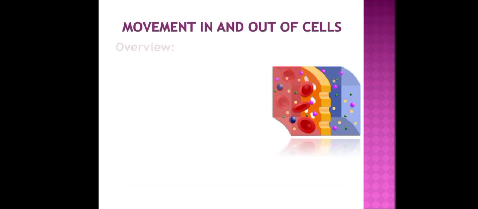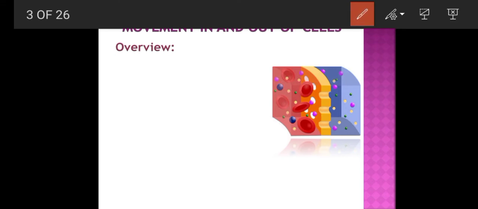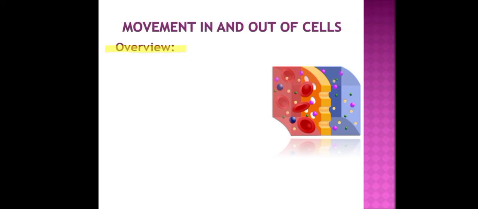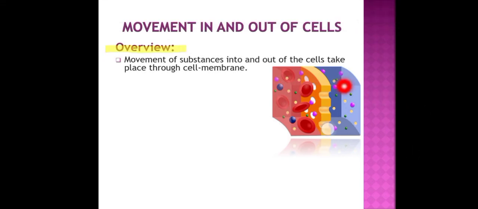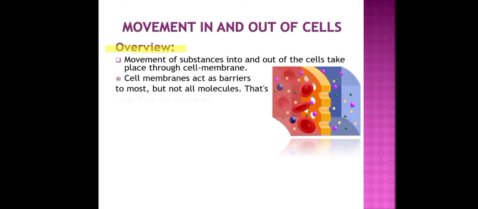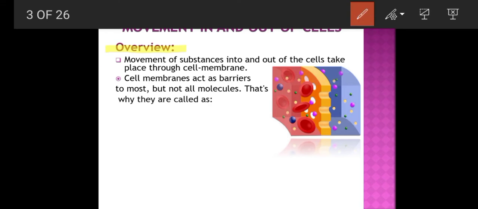So here we will take an overview of our topic. As we know, movement of substances into and out of the cells takes place through cell membranes. So the cell membrane acts as a barrier to some molecules but not all the molecules.